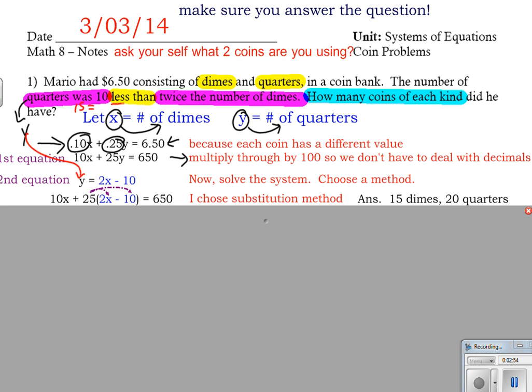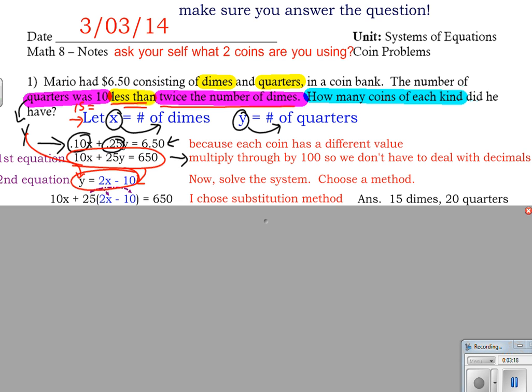Remember those words less than? The 10 has to come after the next piece of information, twice the number of dimes. And we said in our let statement, x being number of dimes. So here is my second equation, and the first equation that I multiplied through by 100.